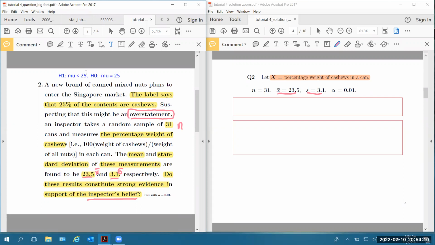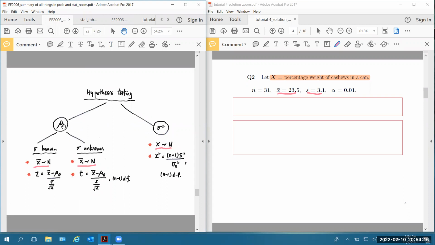So you can see that we are actually testing mu. If we go to our table for testing mu, which case is ours? Is sigma known or not? Let's see what is given. Do we see sigma here? There's no sigma here, so that means it's sigma unknown.